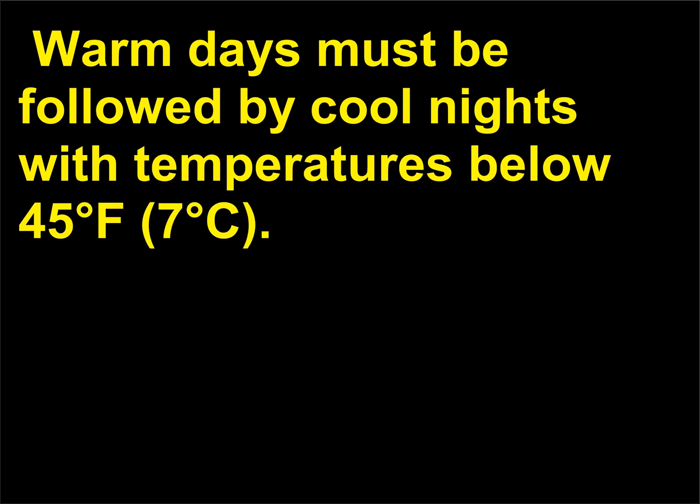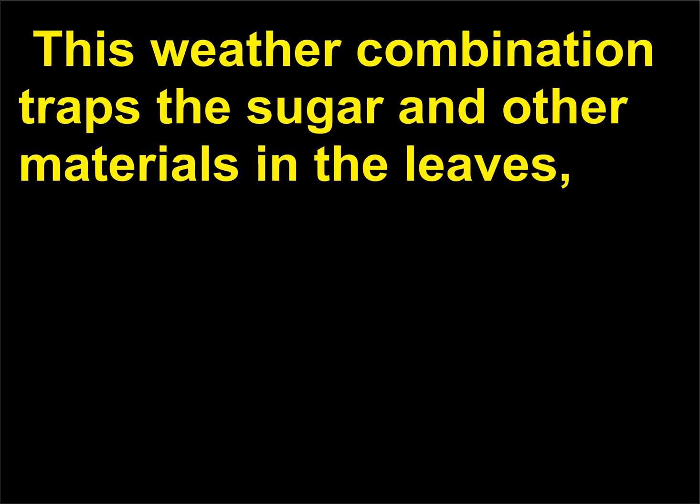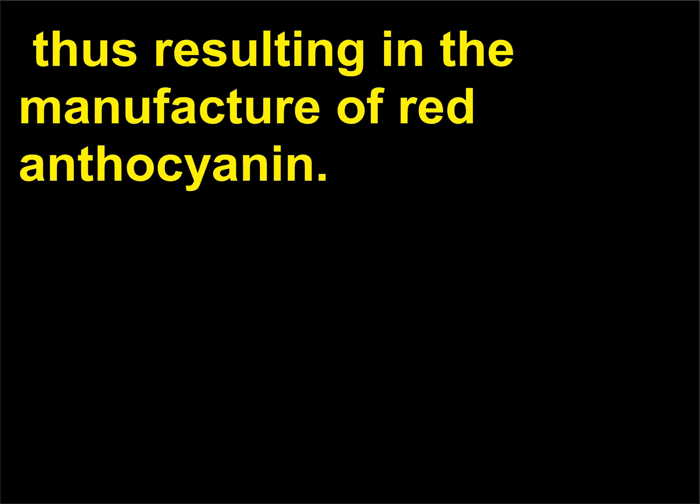Warm days must be followed by cool nights with temperatures below 45 degrees Fahrenheit (7 degrees Celsius). This weather combination traps the sugar and other materials in the leaves, thus resulting in the manufacture of red anthocyanin.